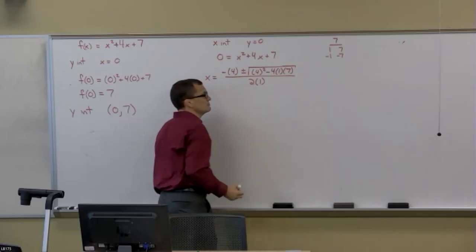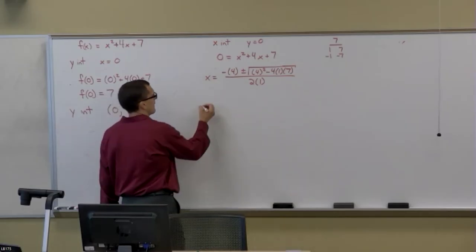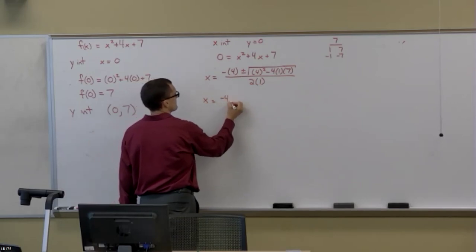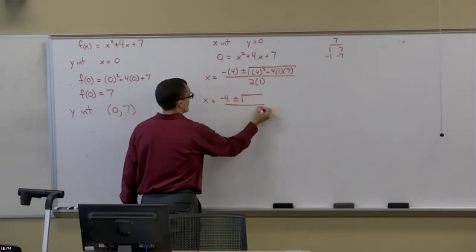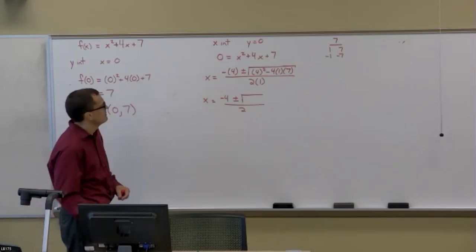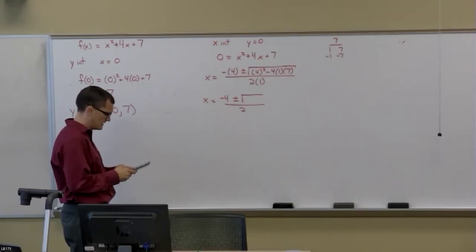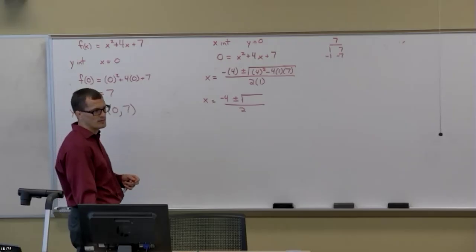Divided by 2 times a, so 2 times 1. So here we're getting 4 squared minus 4 times 1 times 7. That's a -12 underneath the square root.